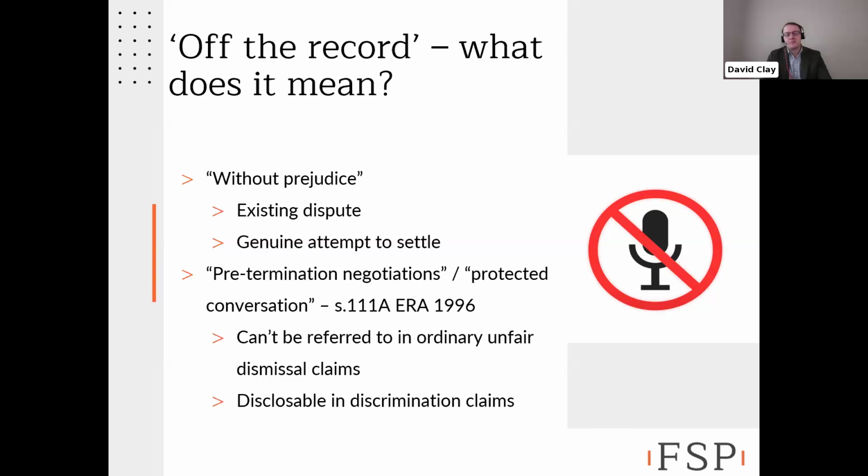Those conversations can't be referred to in ordinary unfair dismissal claims, but they are disclosable in respect of many other claims, including discrimination claims.